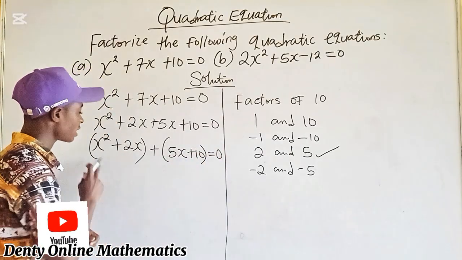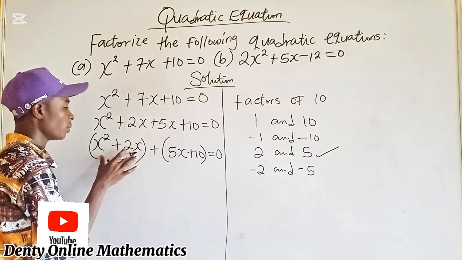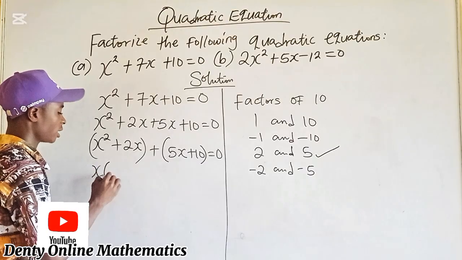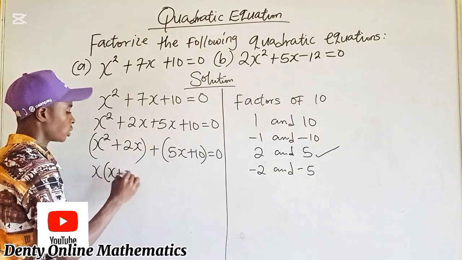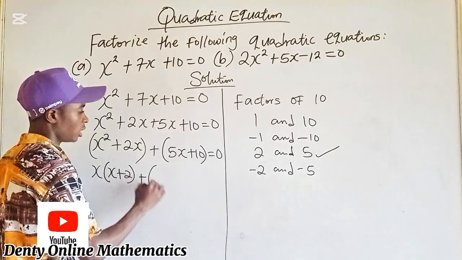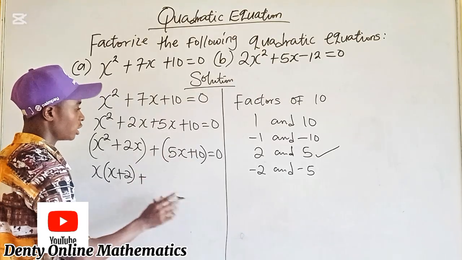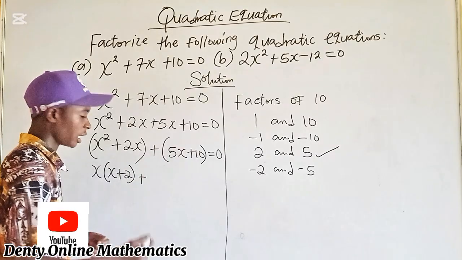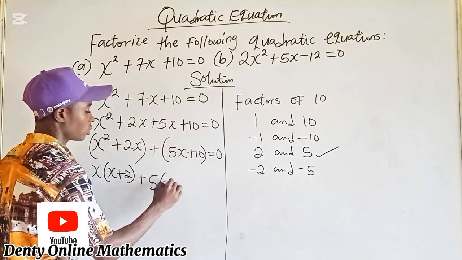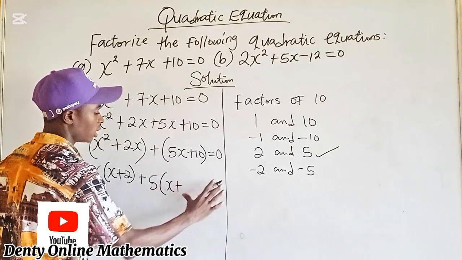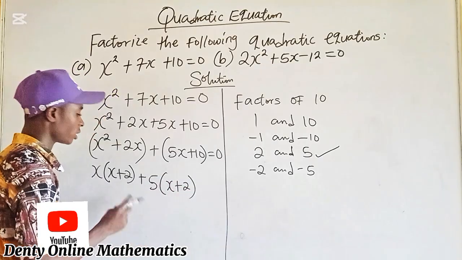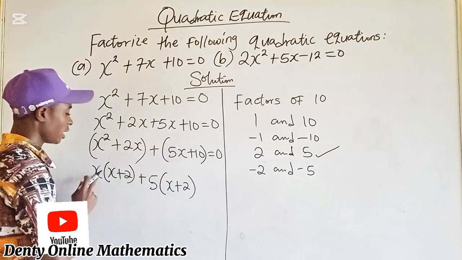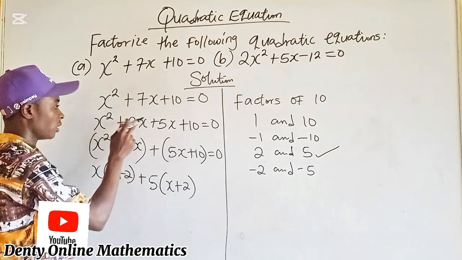Now, if you observe, x is common in this first bracket because you have x, you have x. So I can factor out x, leaving x plus 2. Plus, at this point, 5 is common, because 5 can go into 5, 5 can go into 10. So I'll take out 5 to work with x plus 2, because 5 times x will give us 5x, 5 times 2 gives us 10, x times x gives us x squared, x times 2 gives us 2x.